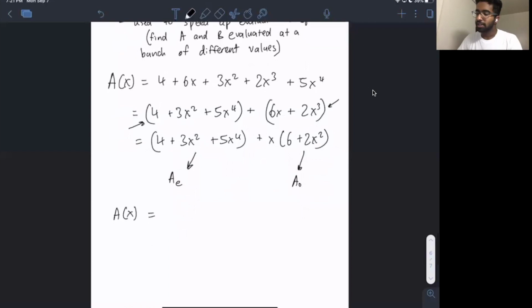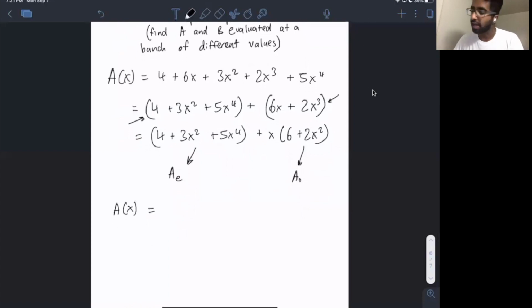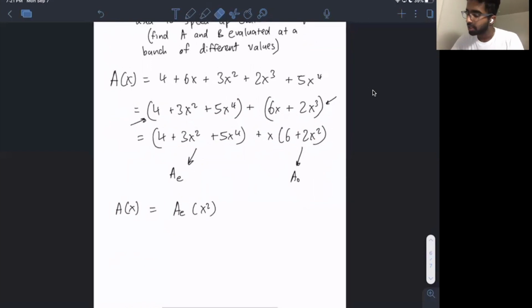And so now we can express A of x as A sub e of x squared, since each of the terms here is x squared, right? They're all even, which means they're all x squared to the power of something. Plus x times A sub o of x squared as well.